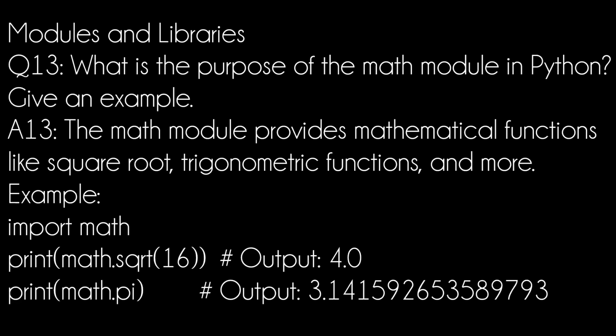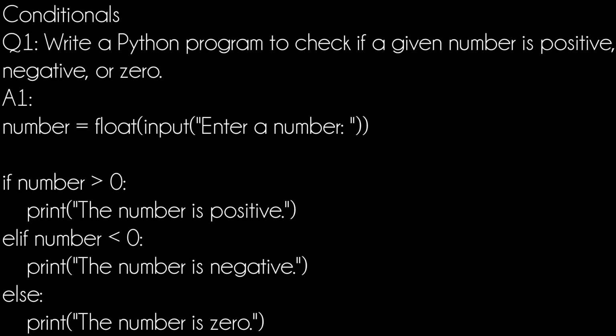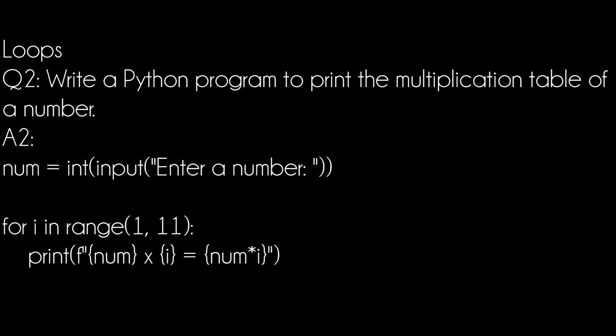The math module provides mathematical functions like square root, trigonometric functions, and more. Conditionals. Write a Python program to check if a given number is positive, negative or 0. Loops. Write a Python program to print the multiplication table of a number.